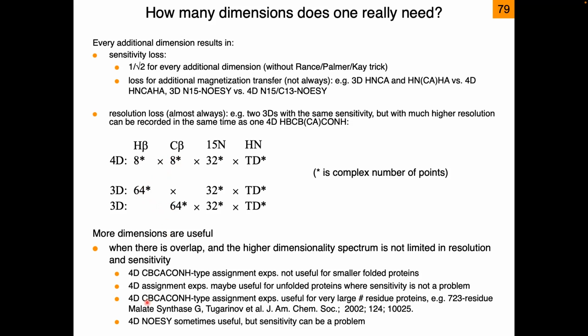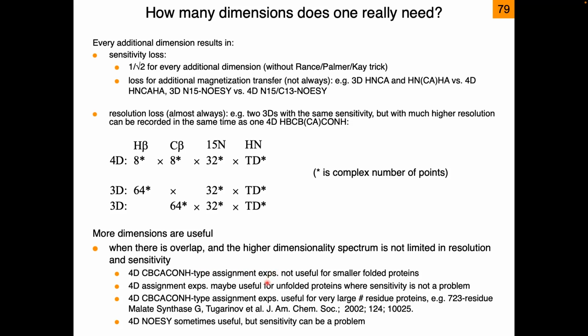So more dimensions are useful when there is overlap and you can resolve the overlap, and the higher dimensional spectrum is not limited in sensitivity or resolution. For smaller folded proteins, I think these CBCA-CONH type experiments as 4Ds are not useful.